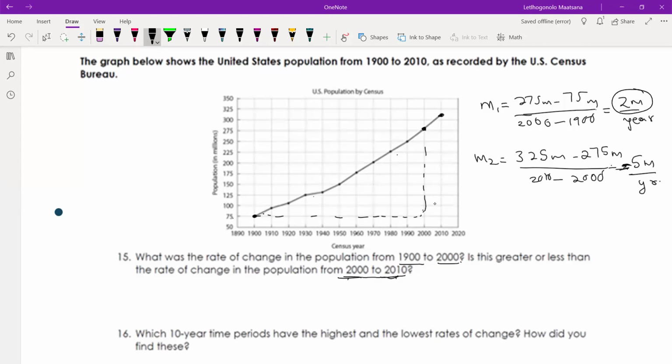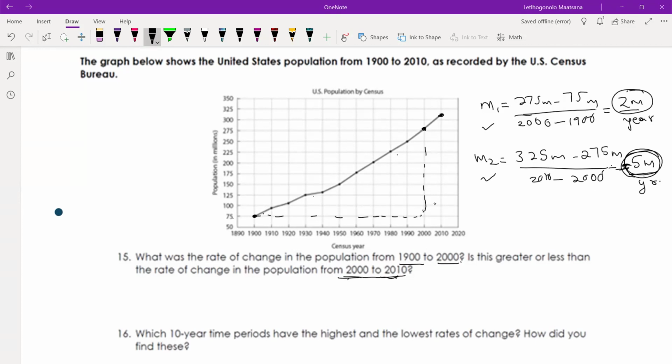Because they only increased by 2 million, whereas over that short period, they increased by 5 million per year. So the one with the greater rate of change is going to be this one, and this one will be less.